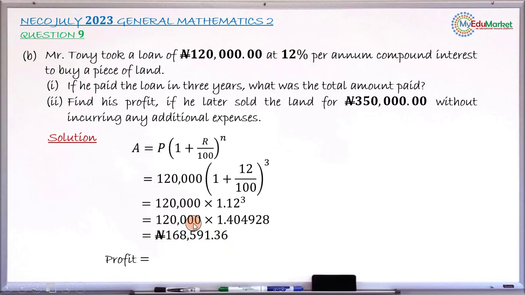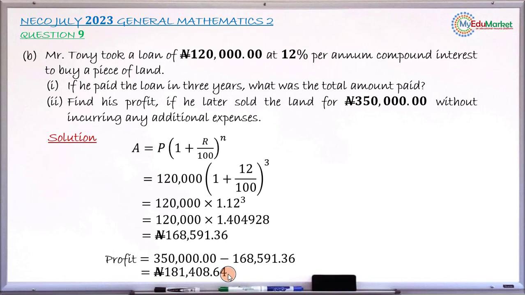So it is as if it is the cost of the piece of land. So the final profit is 350,000 naira minus the amount that he paid the bank, 168,591.36 kobo. Doing this subtraction correctly, you now have 181,408 naira 64 kobo. This will be his profit.